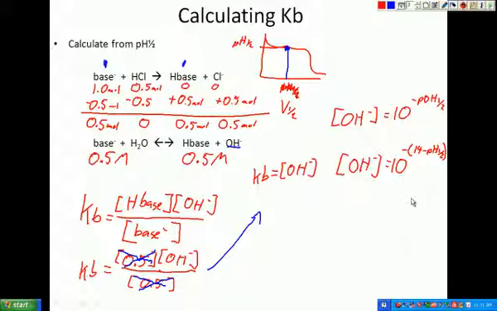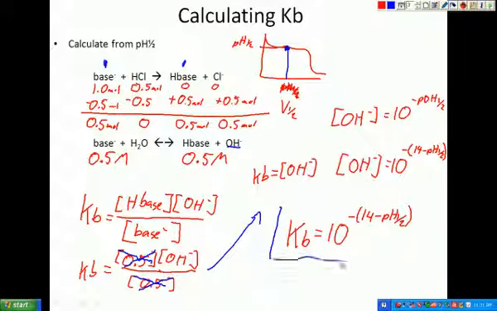Okay? Or what we can say is Kb equals 10 to the minus 14 minus pH half.